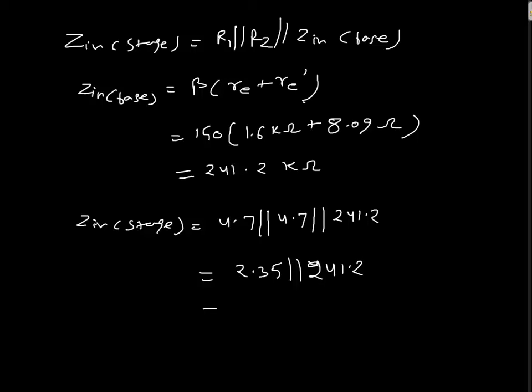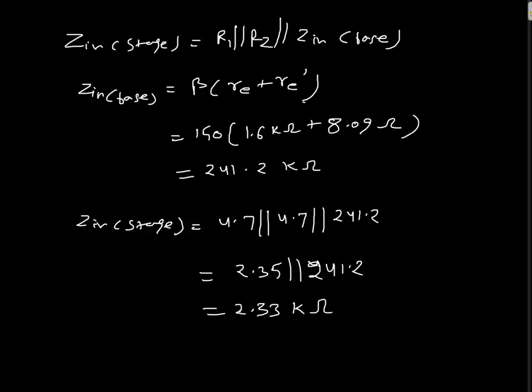Now after solving this, using the product by sum method, we will get 2.33 kilo ohm. Now we know the value of Z in stage.